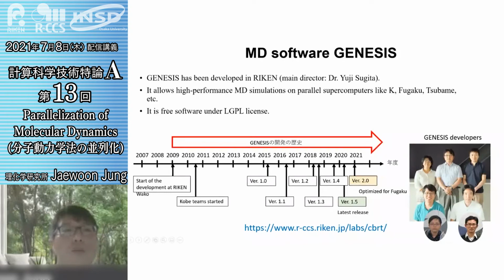It is free software under the LGPL license. It started in 2009, and the Kobe team in Riken started between 2010 and 2011. I came to Riken around this time, and I started to develop the parallelization of Genesis.